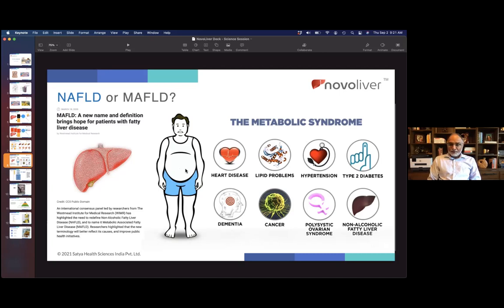Or sometimes it may not be obesity, it may be genetics, so a whole lot of things. So heart disease, cholesterol problems, high blood pressure, in some cases polycystic ovarian syndrome. Cancer risk is higher in such people, dementia risk is higher in such people.